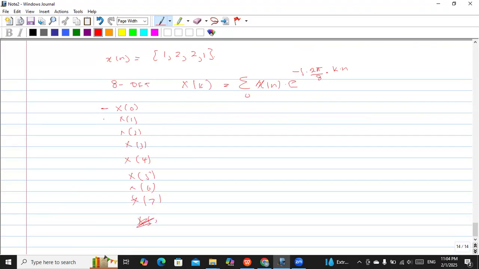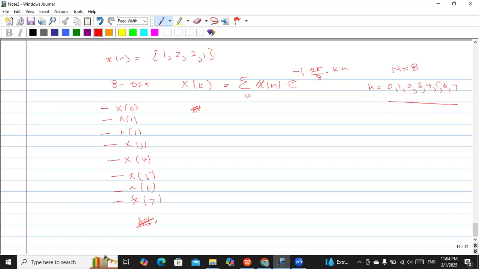Okay, so that means 1, 2, 3, 4, 5, 6, 7, 8. Okay, 0 to 7. You need to find 8 frequency samples. Okay, that means n is equal to 8. That means k should be from 0 to 1, 2, 3, 4, 5, 6, n minus 1. So that will be 7. Okay, so you need to find 8 frequency samples.